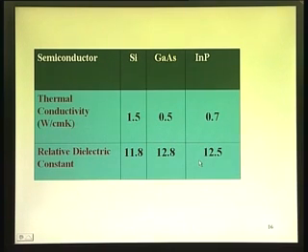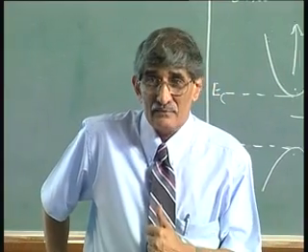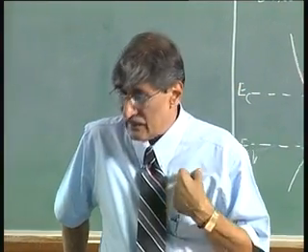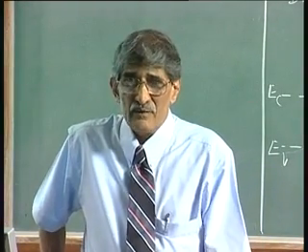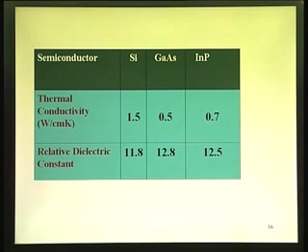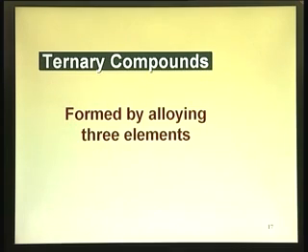These are almost comparable. It is smaller than that of germanium. Germanium, if you recall, has a relative dielectric constant of 16. It may matter for some capacitive coupling, etc., but otherwise when you want to use it for calculation, these are the values.